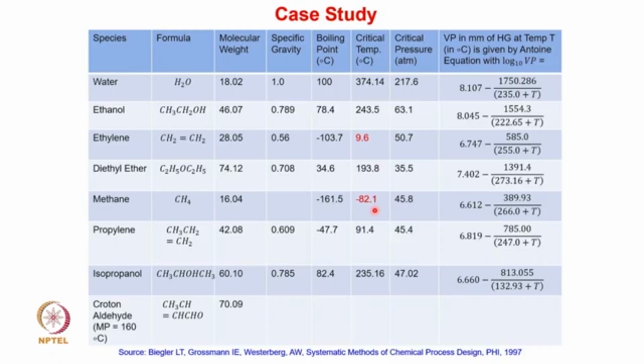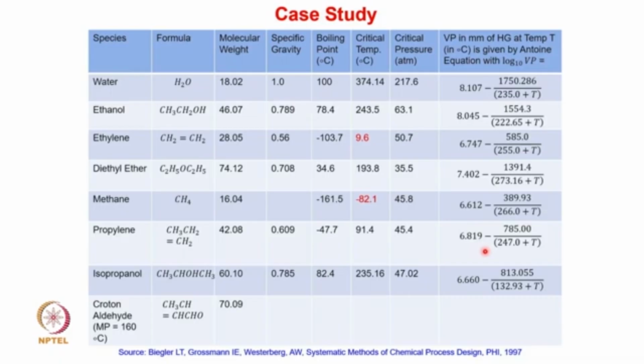If we look at the other components like propylene, it has a boiling point of minus 47.7, but if we calculate the vapor pressure using the Antoine equation, it comes to around 15 atmospheres.